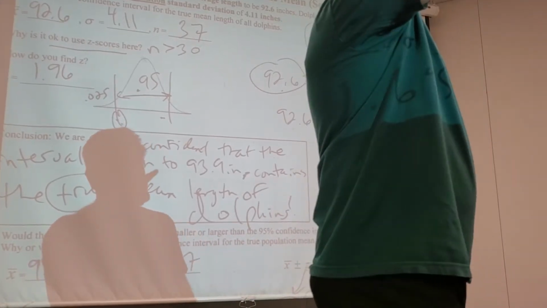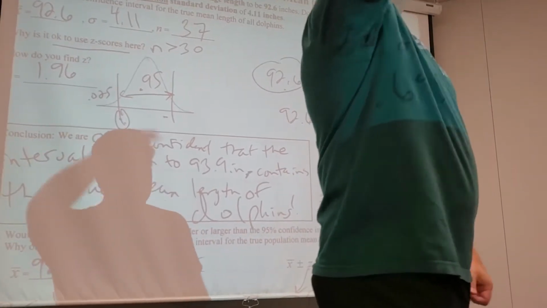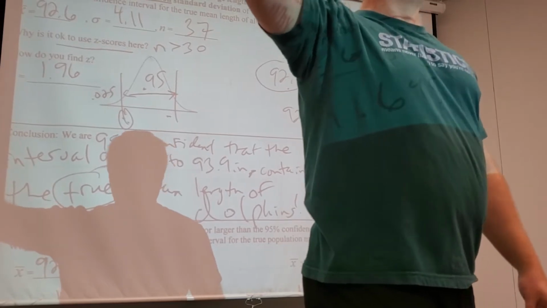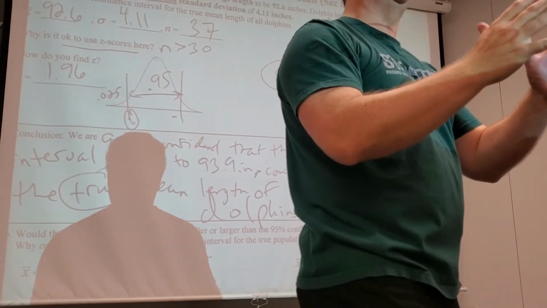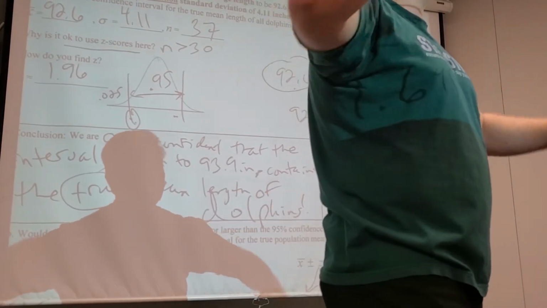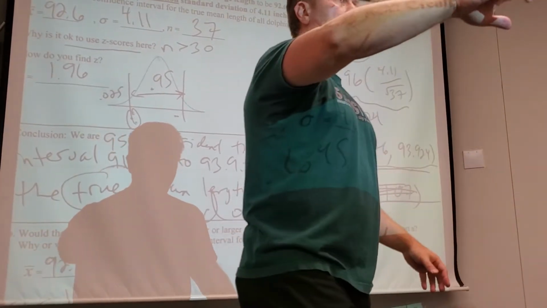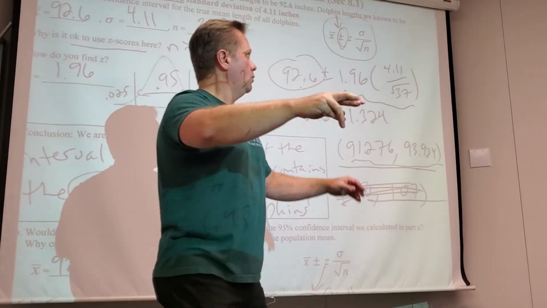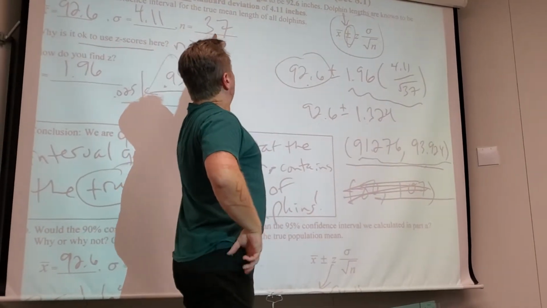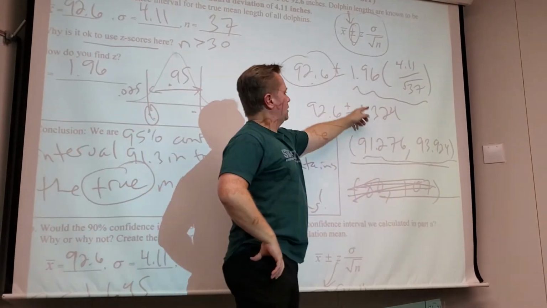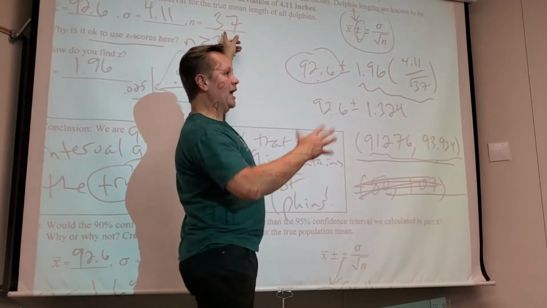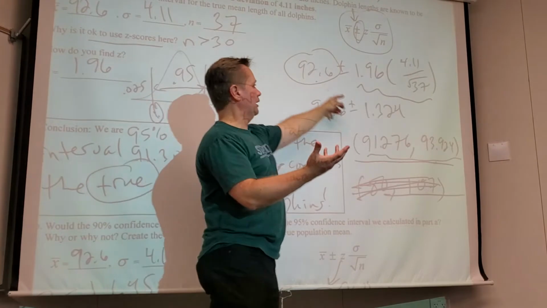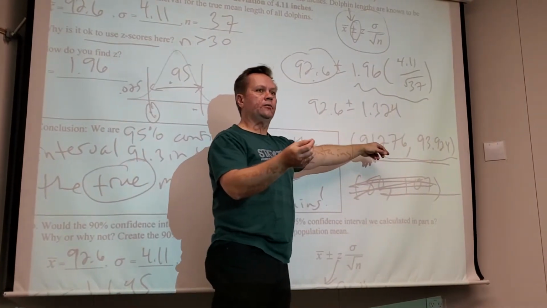If you take two people and you take their average height, does that tell you anything about the average height of all people? That's not a good enough sample at all. You've got to take a much larger sample to represent people better. So a sample size of 37 leads me to an error of 1.324. A sample size of like 80 is going to lead me to a smaller error.